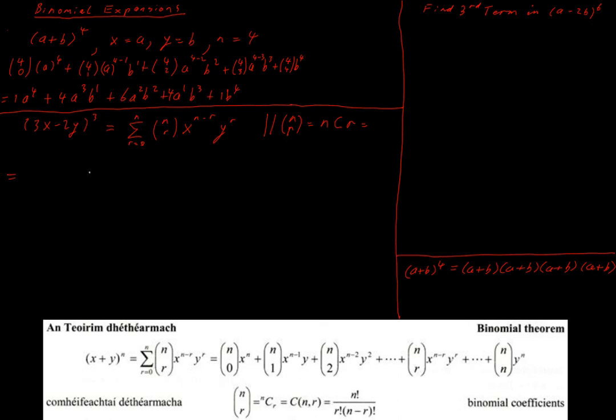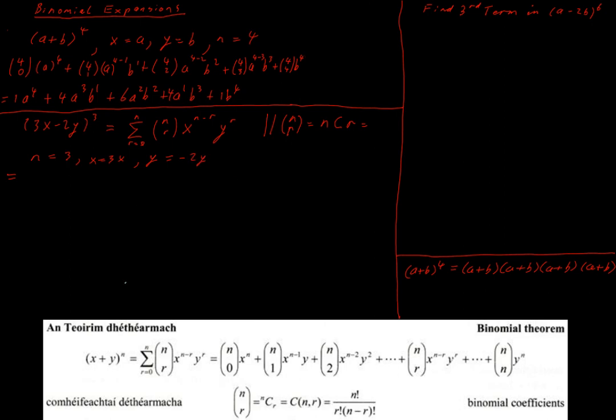Let's put it into practice. So we're going to have the sum of, we're going to be adding up a bunch of terms, and we're going to start with r equals 0, and this is going to give us our first term. So n is going to equal 3, x is going to equal 3x, and y is going to equal minus 2y.